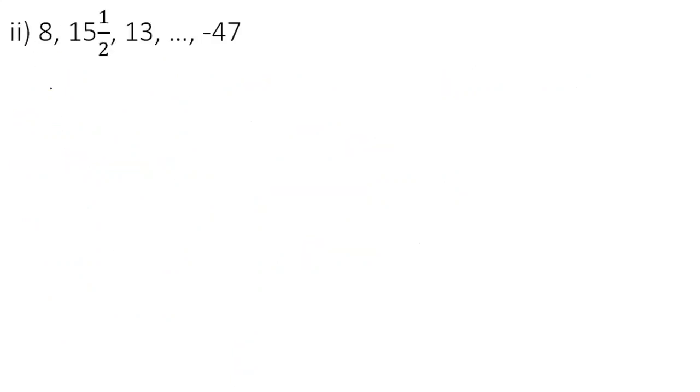Next, same way, A is given. A is given as 8. D value we need to find out. It is 31 by 2 minus 8 by 1. So 2 here, and here 31 and 1.